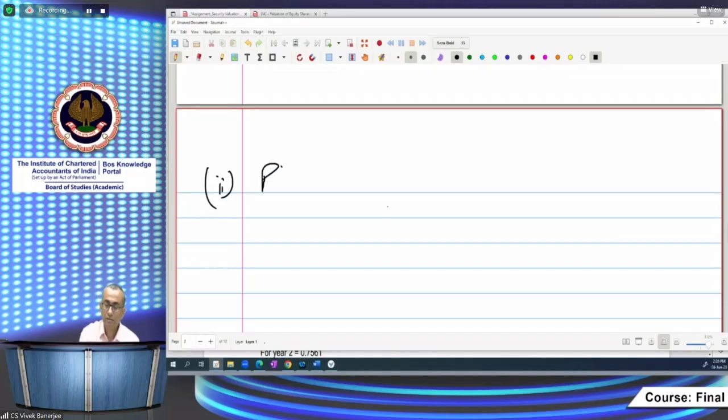Now, price earning multiple, you can calculate it this way. P0 by price earning multiple approach.